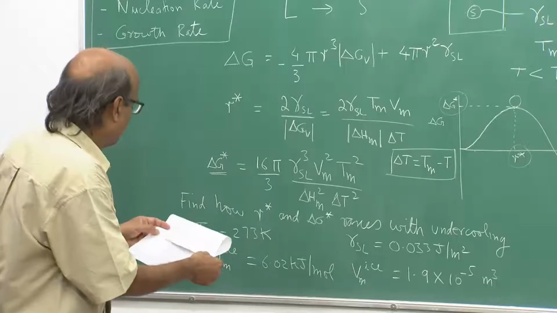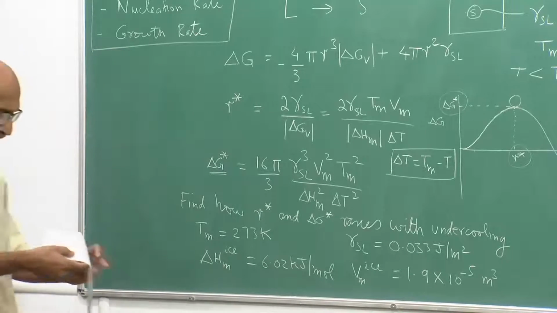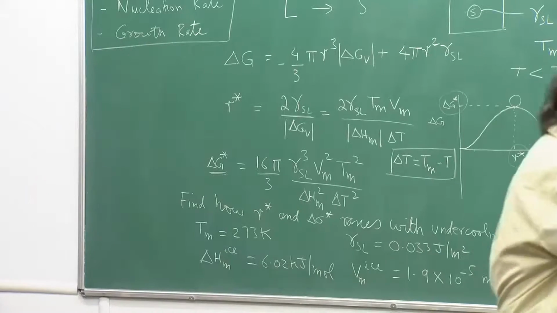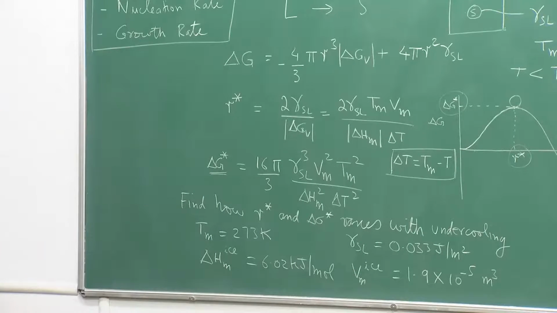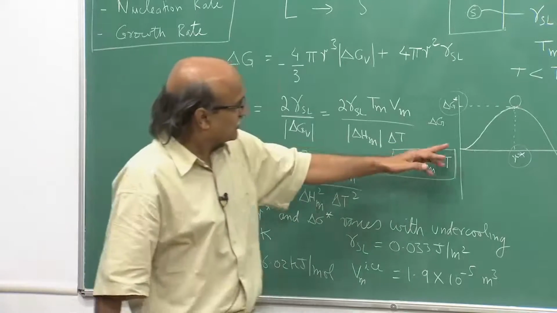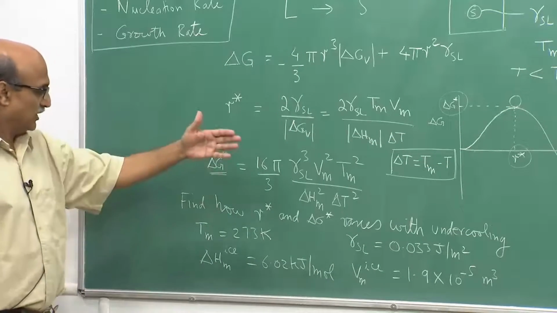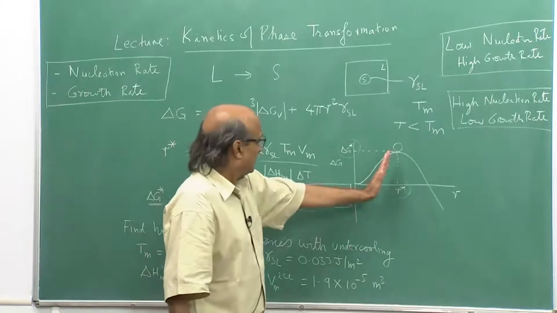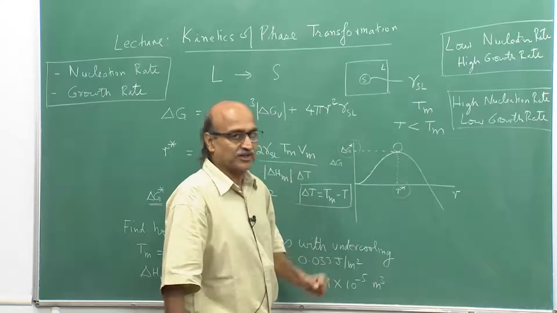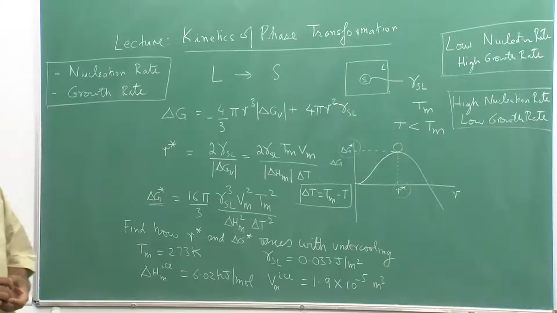And using this data, we are first going to examine in a little bit more detail than what was done earlier how the nature of this curve changes with undercooling, which means how R star and delta G star shift as I change the transformation temperature.